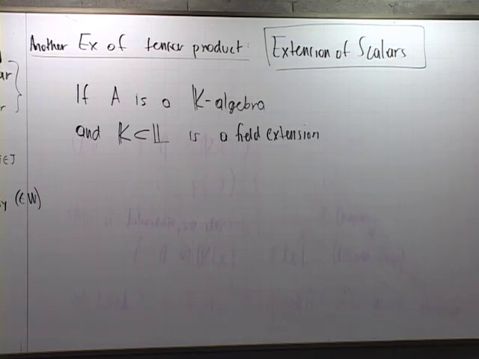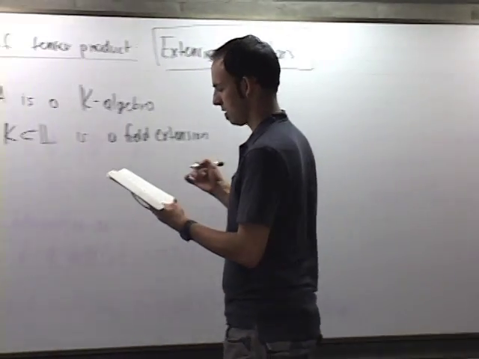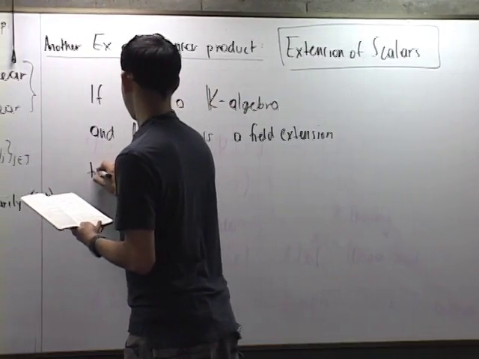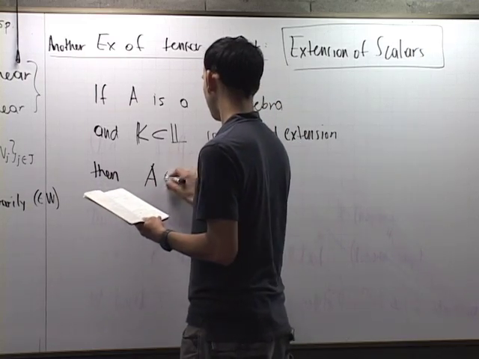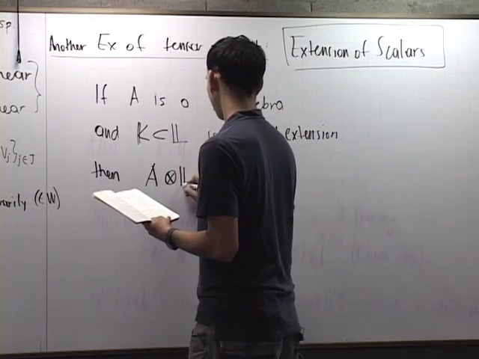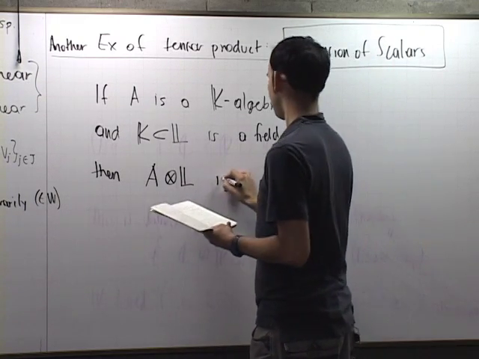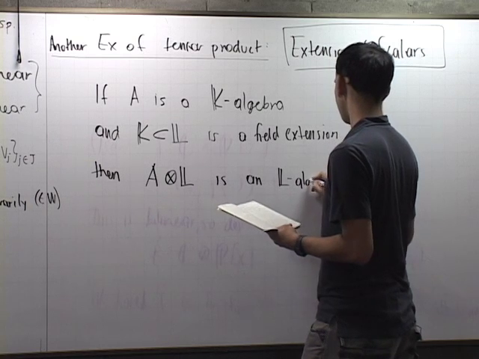So the standard trick to do this actually is a tensor product. All you have to do is take the tensor product of A and L, and this is going to be an L algebra.